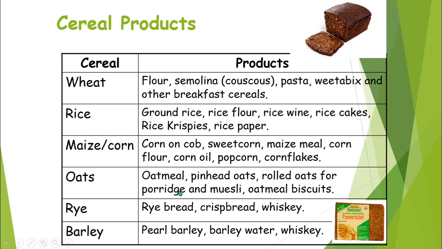Then oats are used for oatmeal, pinhead oats, rolled oats for porridge and muesli, and oatmeal biscuits. They are very common these days. From rye, rye bread, crisp bread and whiskey can be prepared. Barley gives pearl barley, barley water, and whiskey can also be prepared from barley.